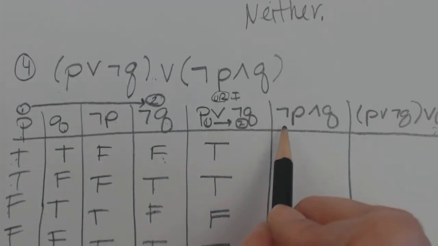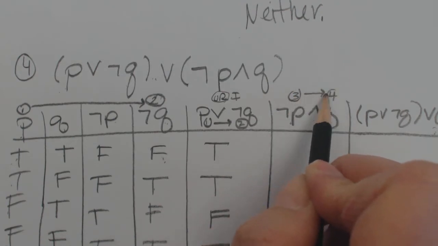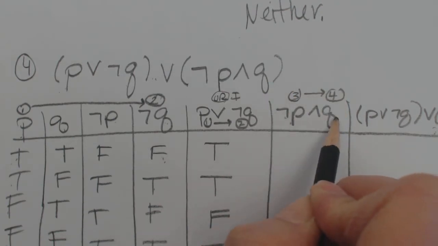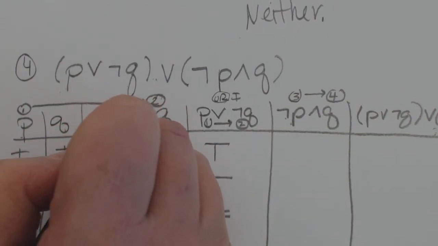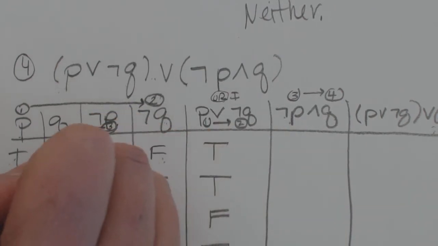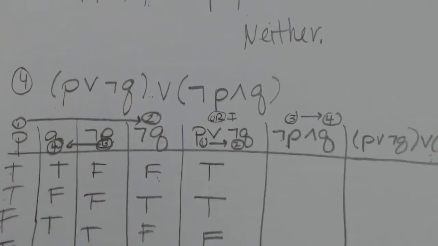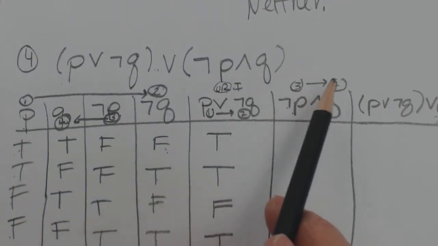Okay, next, I need to go from number 3 to number 4, not P to not Q. Not P is number 3, which is right here. So I'm going backwards now. I'm going from 3 to 4.